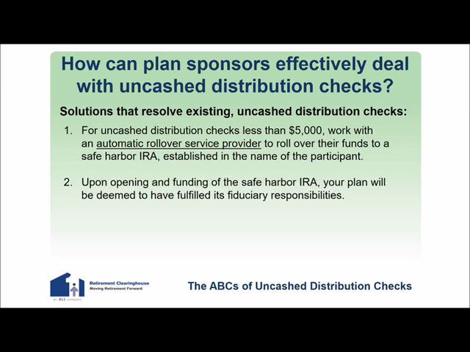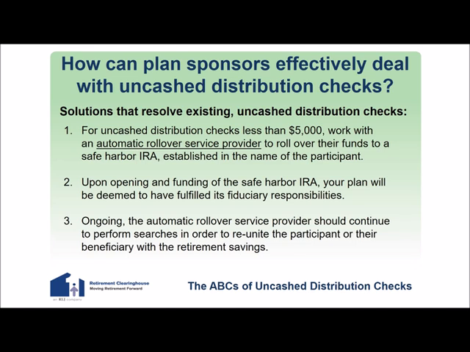Upon opening and funding of the safe harbor IRA, your plan will be deemed to have fulfilled its fiduciary responsibilities. Ongoing, the automatic rollover service provider should continue to perform searches in order to reunite the participant or their beneficiary with the retirement savings.